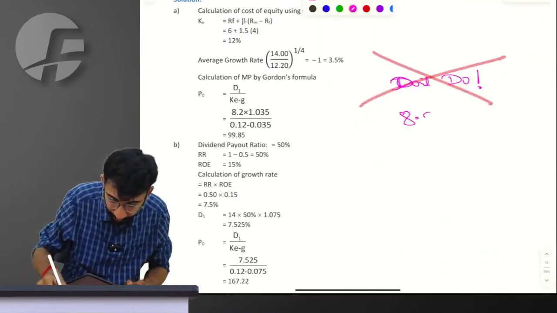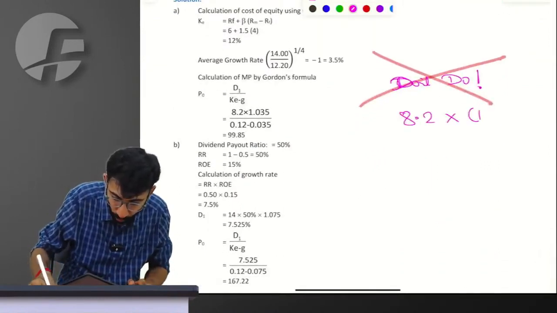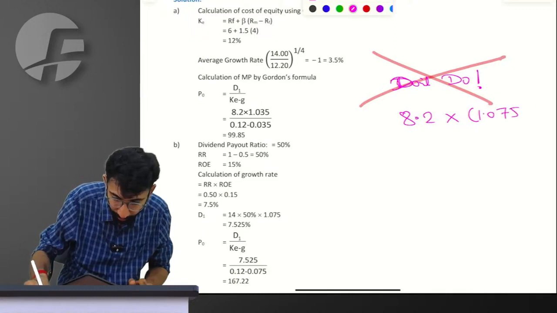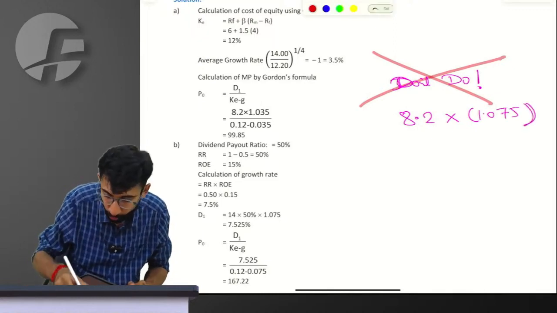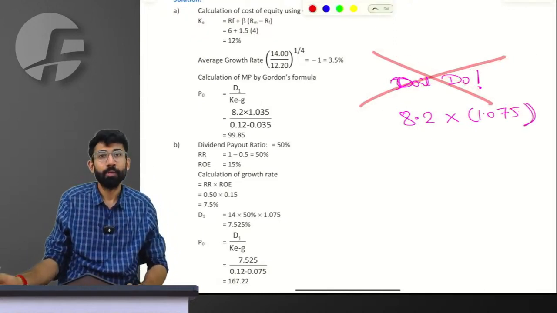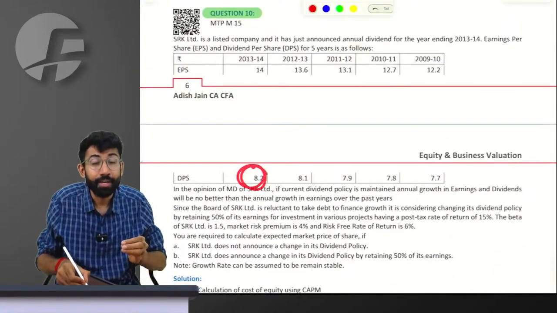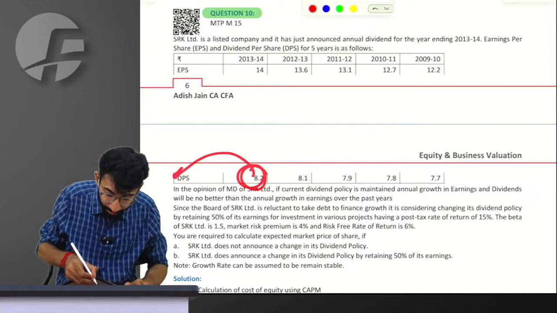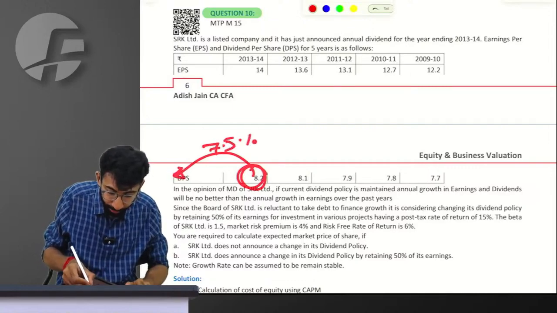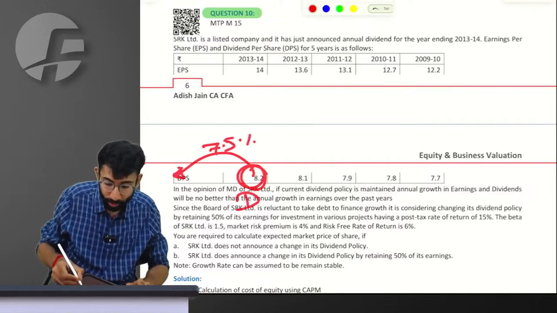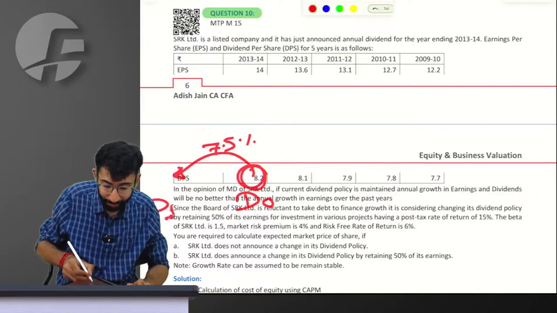So don't take 8.2 into 1.075 as the new growth. Don't do this, because you are saying that this was my latest dividend, and to the latest dividend, if I add a growth of 7.5%, this was my D0, I will get D1 as this.